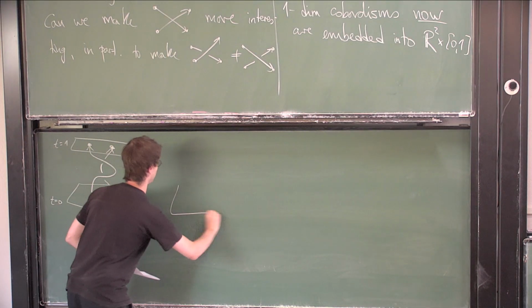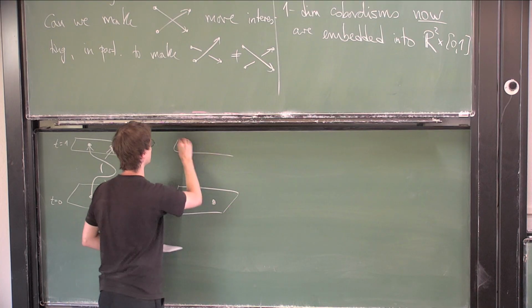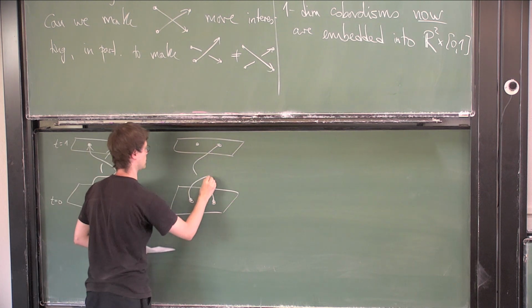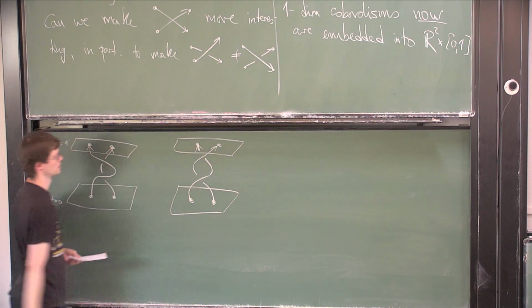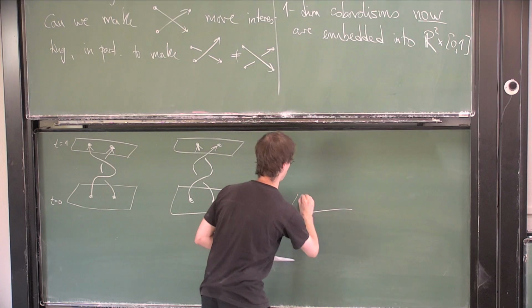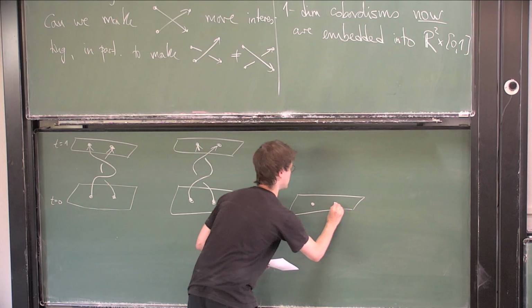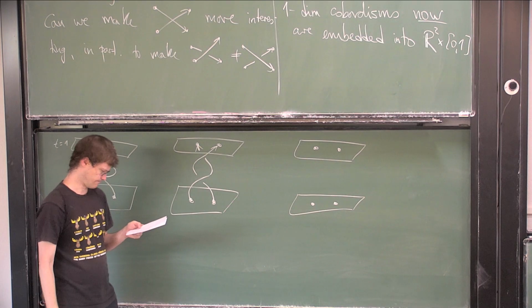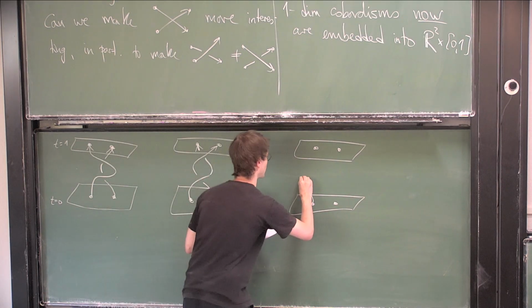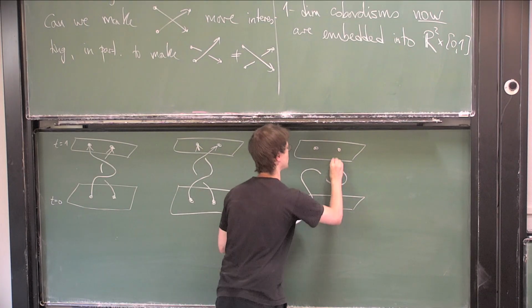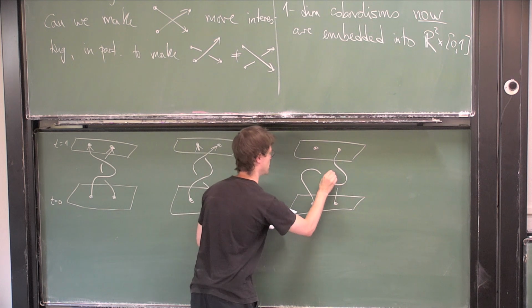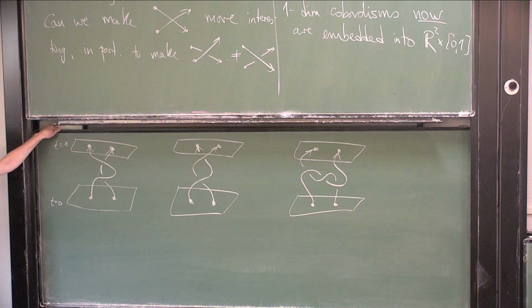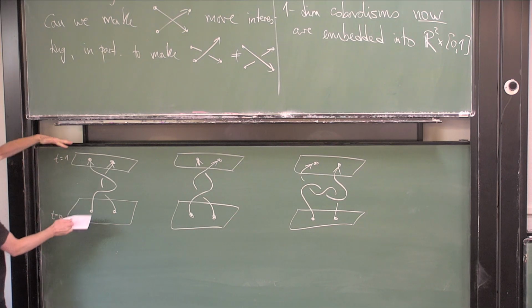I would also draw three examples. So we want to draw pictures like this. So now this is a true picture in R3.